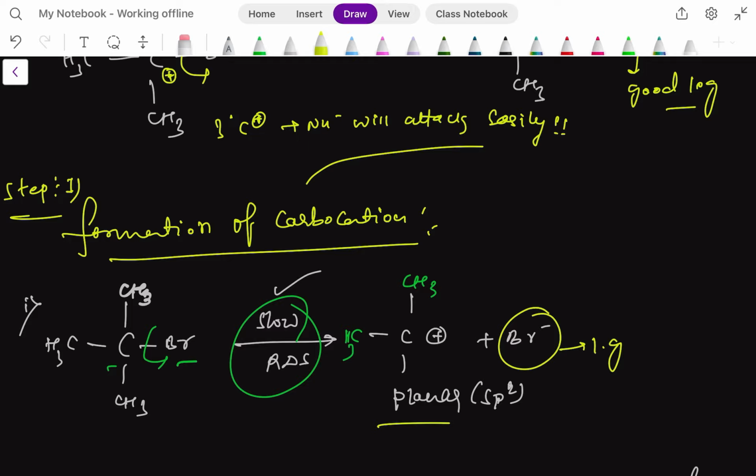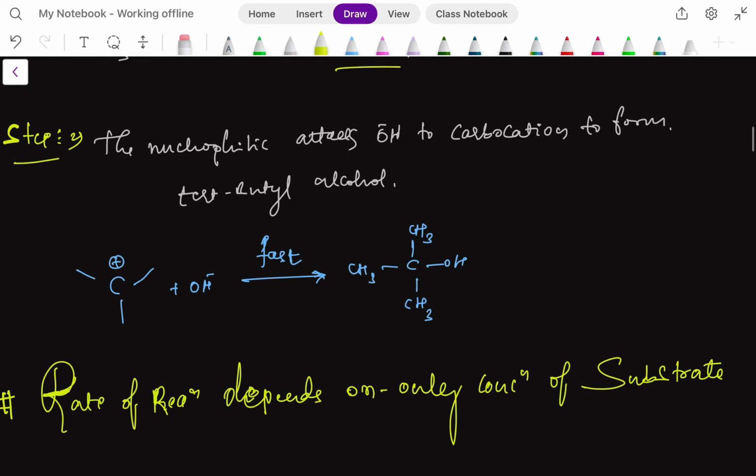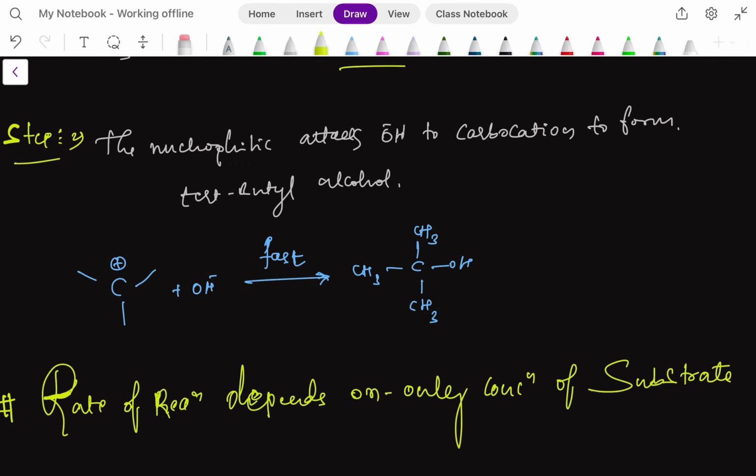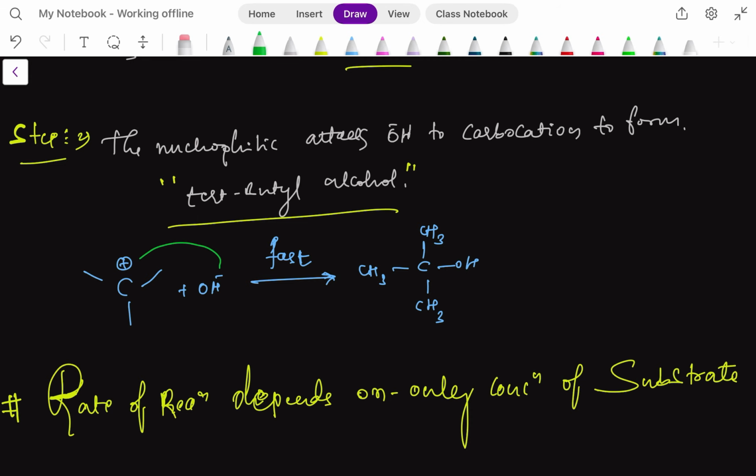Step 1, formation of carbocation, is done. Step 2 says the nucleophilic attack of OH to carbocation to form the tertiary butyl alcohol. Now only I told, right? After carbocation forms, if there is a good nucleophile, obviously it will go and attack on the carbocation, then it is forming the tertiary alcohol.